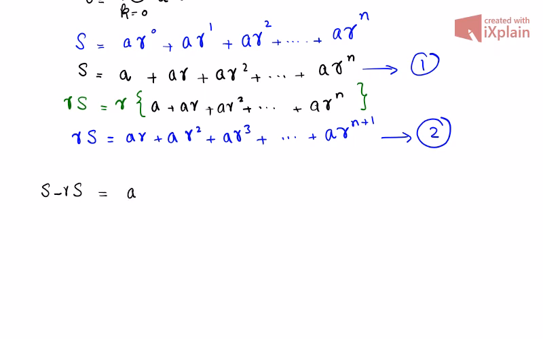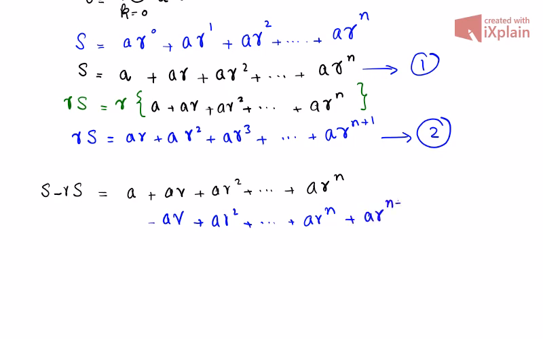So we have a plus a r plus a r square and so on up to a r raised to the power n in S. Then we are subtracting the second equation, which is minus a r, minus a r square and so on, up to a r raised to the power n and the last term a r raised to the power n plus 1.